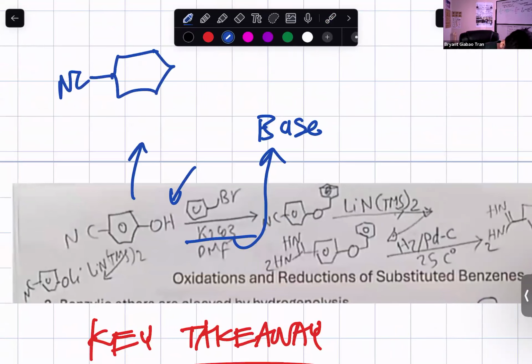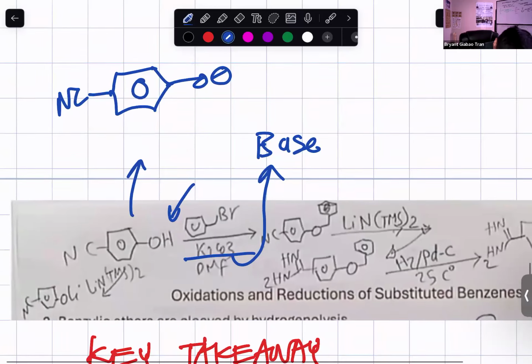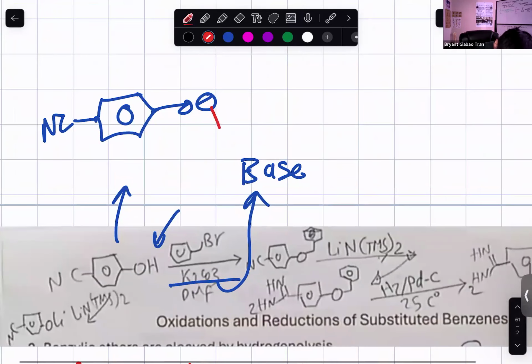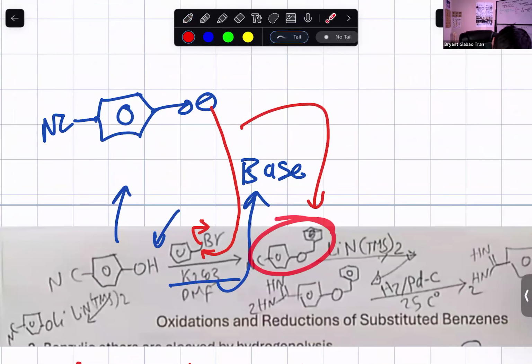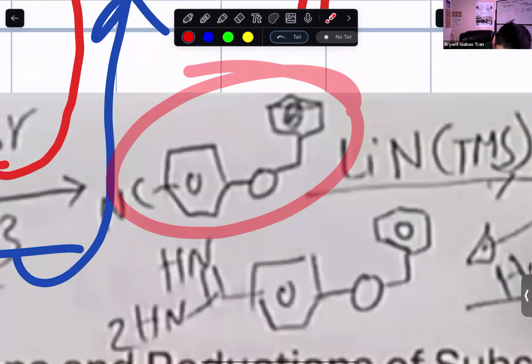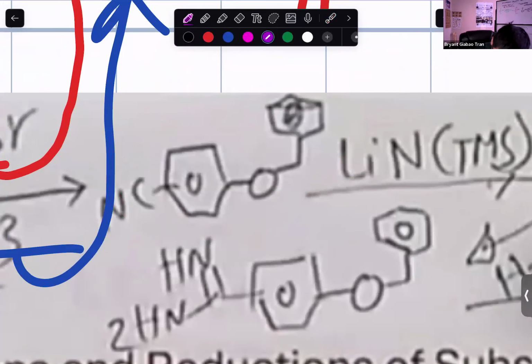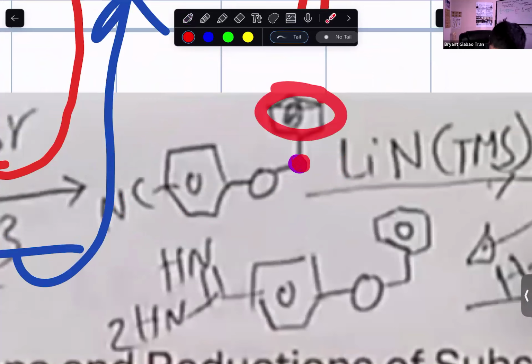A negative charge on that oxygen right there. And then this is going to do an SN2 reaction with that CH2, with the bromine leaving group, kick that out, and then give us this product here, right? And this is a benzylic ether because this carbon here is the benzylic carbon. That is a benzylic carbon because that carbon is coming off of the benzene ring right here, right?